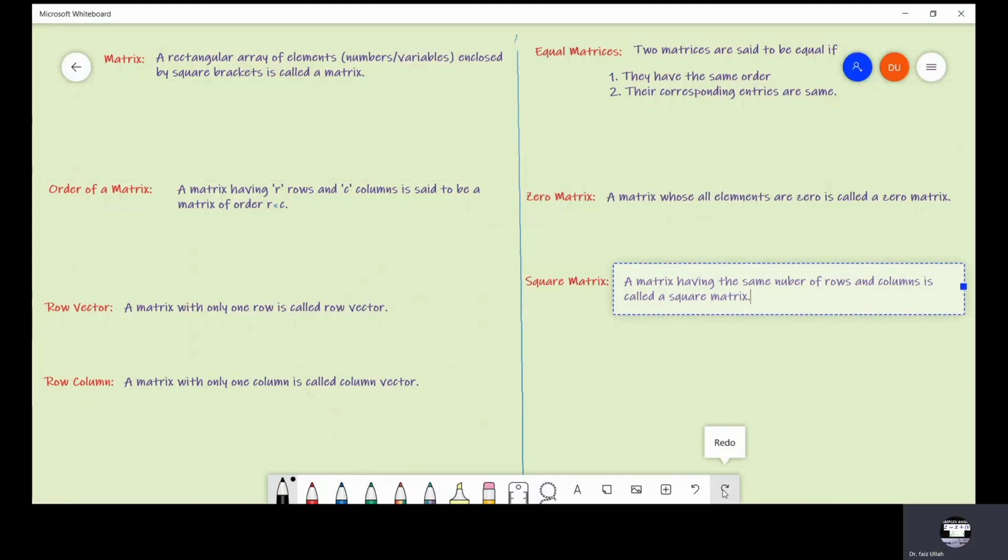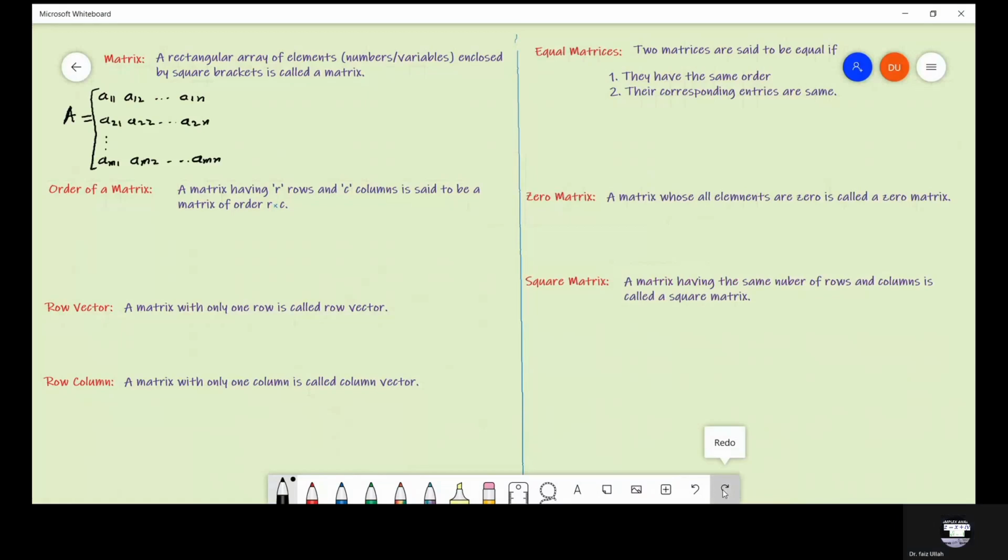Matrices are denoted by capital letters, just like capital A, B, or C, etc. Generally, a matrix can be written as A is equal to a11, a12, up to a1n. Similarly, a21, a22, up to a2n, and so on, then am1, am2, up to amn. And now if I enclose it by square brackets, then this arrangement is called a matrix.